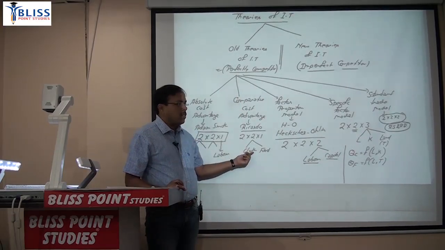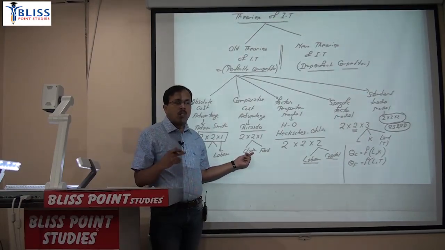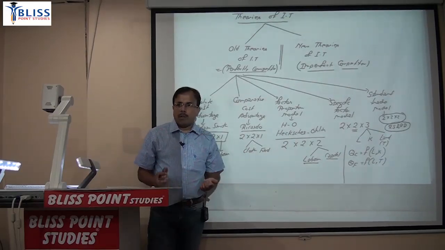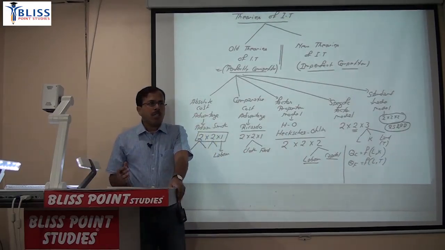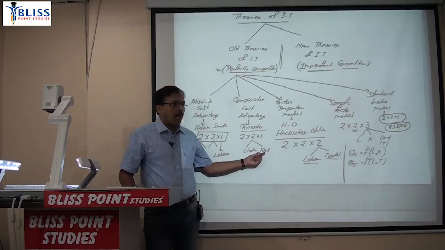So cloth market is competitive, there are many producers of cloth. In perfect competition, the basic assumption is that the product is homogeneous. So all firms are producing identical cloth, all firms are producing identical food.